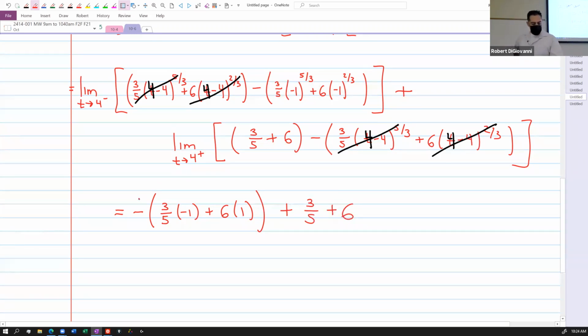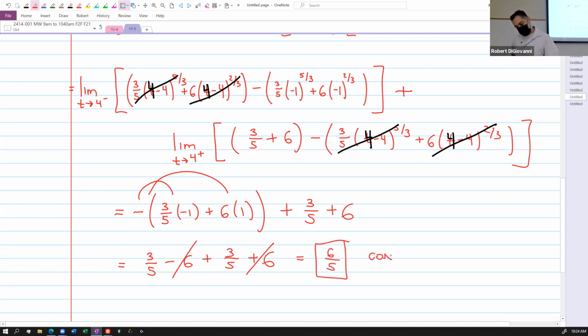Let's distribute this negative sign through. So we should get 3/5 minus 6, and then we can do plus 3/5 plus 6. The 6's cancel, and you get 3/5 plus 3/5, which is 6/5. And it converges.